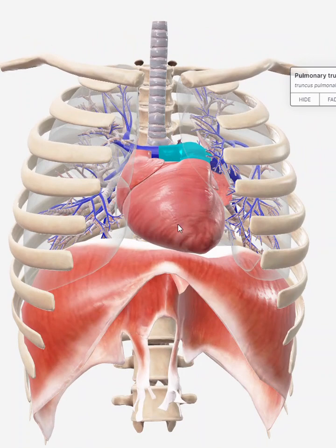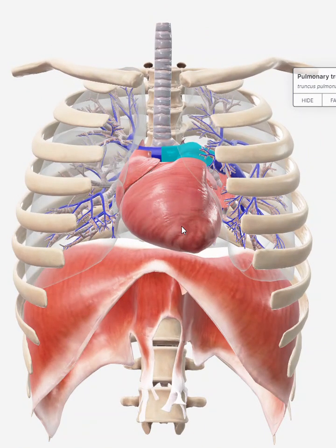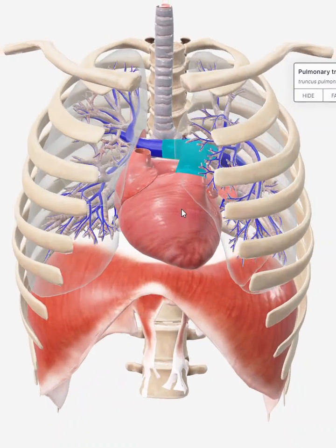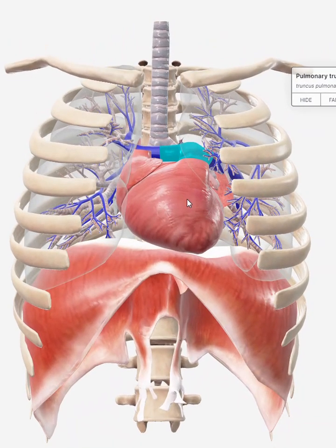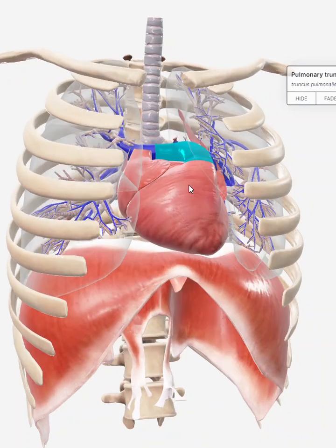We need to make sure that we've penetrated so that we can demonstrate the hilar region and that pulmonary trunk for the doctor, so that they can look at it more closely and identify whether those anatomical structures look normal or abnormal, depending on what the patient's going through.